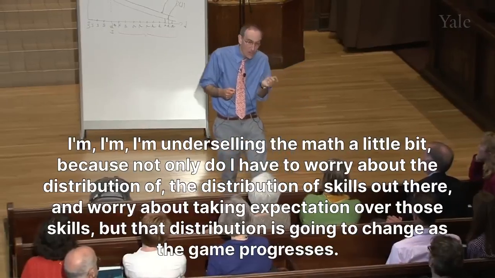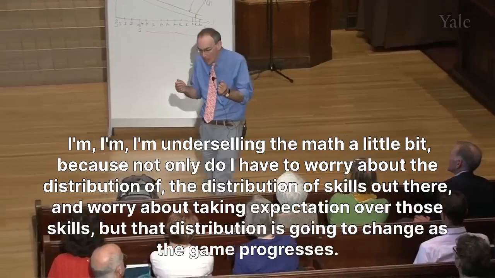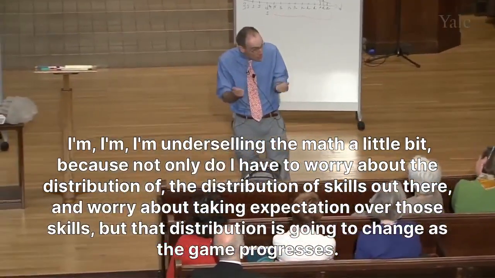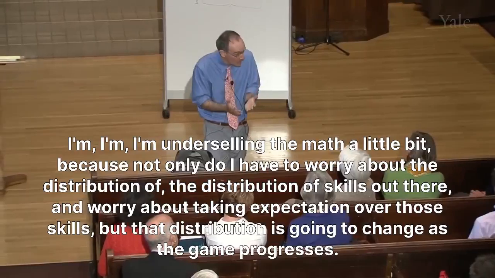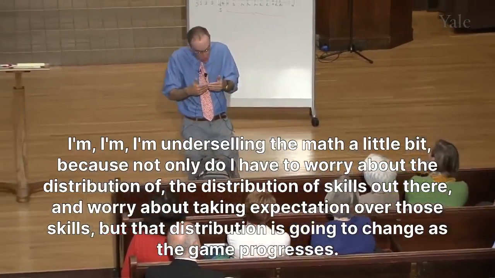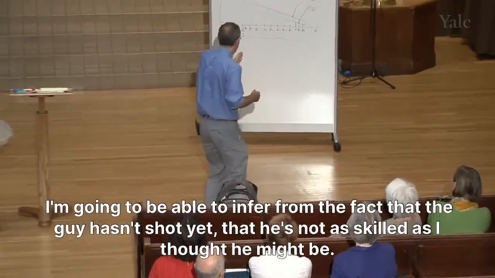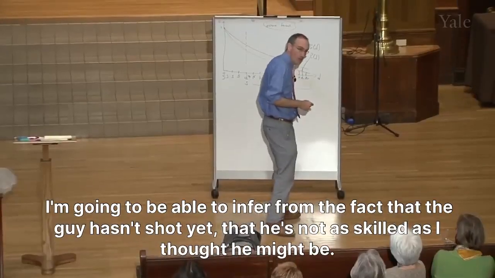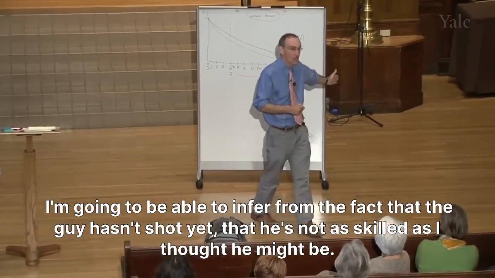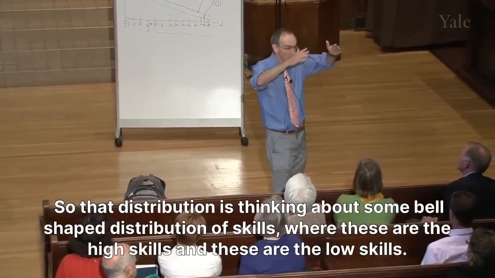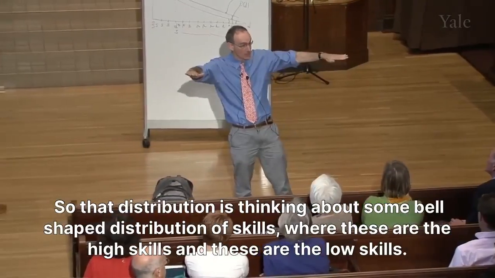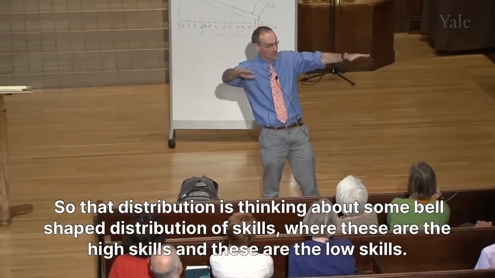I'm underselling the math a little bit, because not only do I have to worry about the distribution of skills out there and take expectation over those skills, but that distribution is going to change as the game progresses. I'm going to be able to infer from the fact that the guy hasn't shot yet that he's not as skilled as I thought he might be. So think about some bell-shaped distribution of skills, where these are the high skills and these are the low skills.